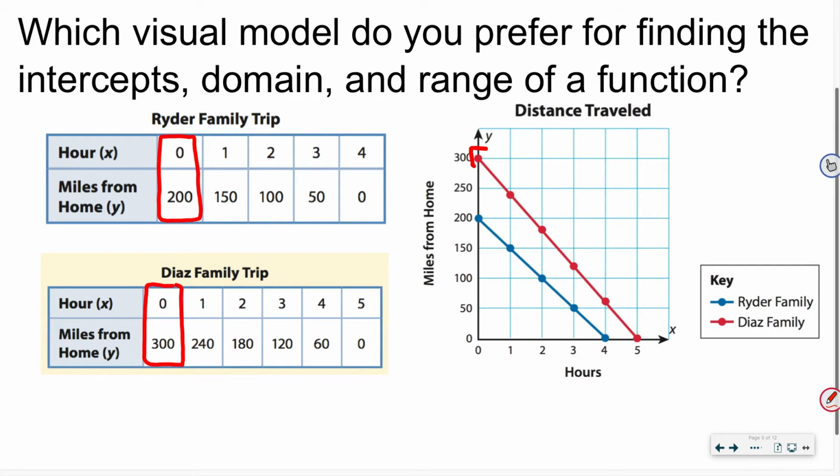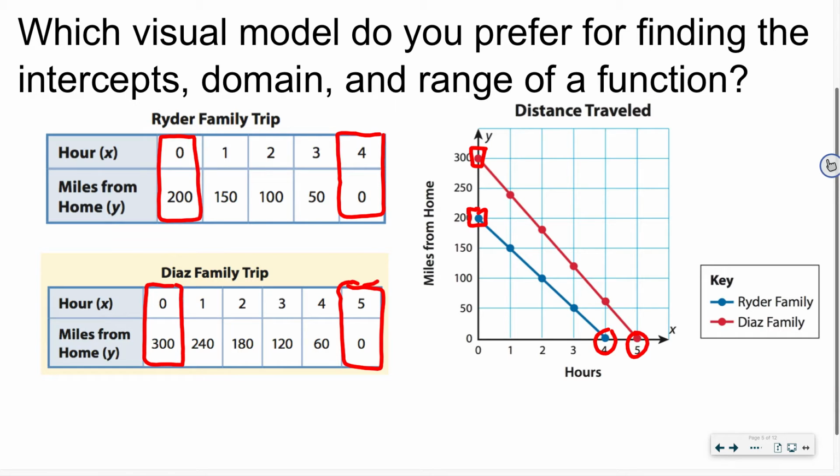On the y-axis. Good. Back over to the table. How about the x-intercept? Where y is 0. Perfect. That's our x-intercept. And how about on the graph? Where our lines touch the x-axis. Back over to the table.